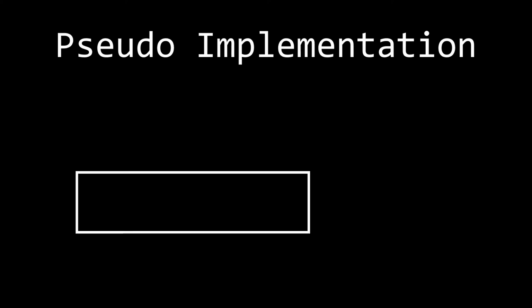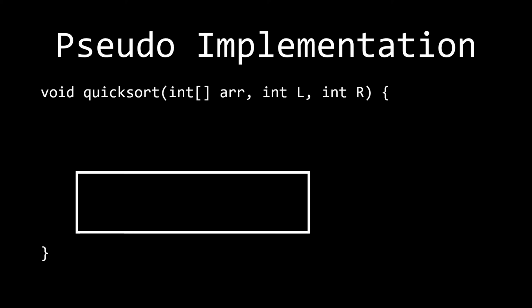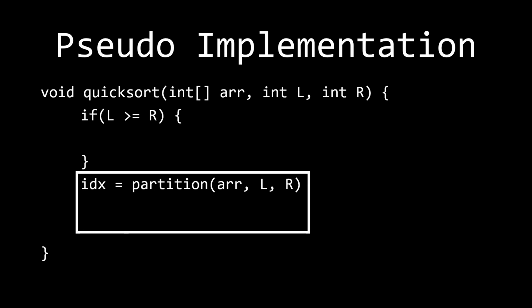What we have so far is our method header, our base case, and then all we have to do is partition our array. That's going to return an index that we'll look at later.